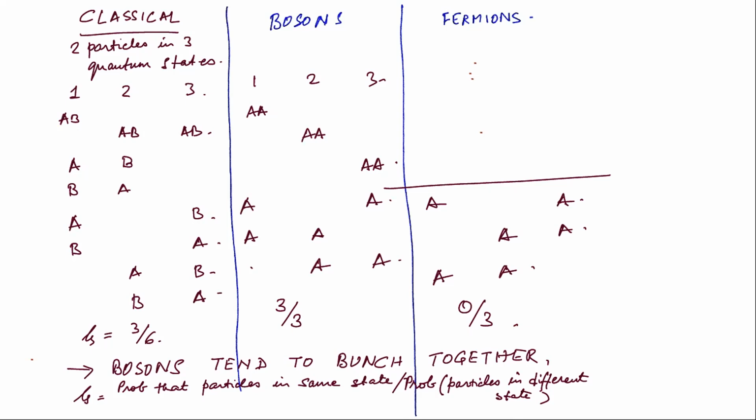And for fermions, you know that each single particle quantum state can be occupied by only one particle, right? So if one of the particles is here, then the second particle can be either here or here. So this would correspond to one microstate, quantum microstate. This would correspond to another microstate, and this would correspond to another microstate.